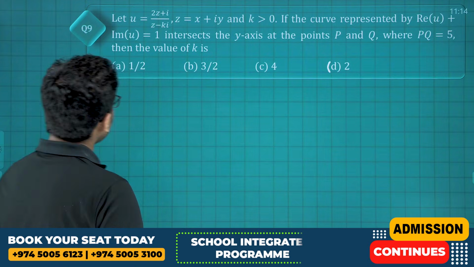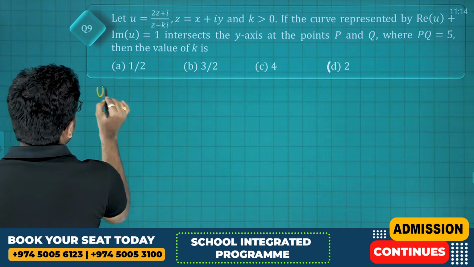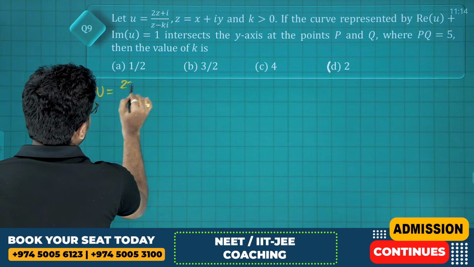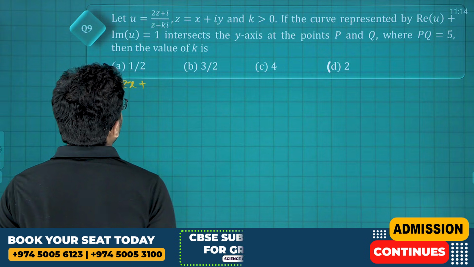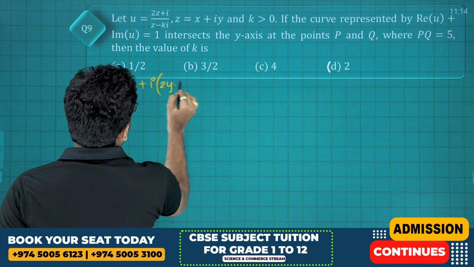Okay. First they have given z is equal to x plus iy, no? So first we'll simplify this u. U is (2x plus i times (2y plus 1)), correct?